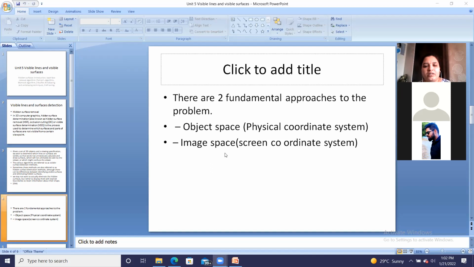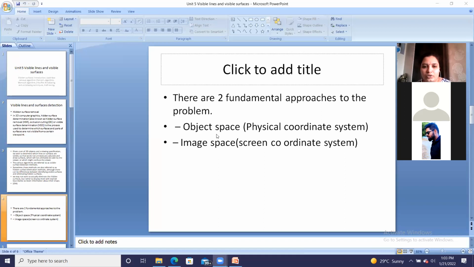In the second method, Painter's algorithm, also called the depth sort algorithm, it is a combination of both the methods. It uses the object space as well as the image space.